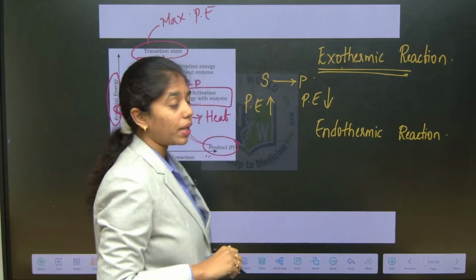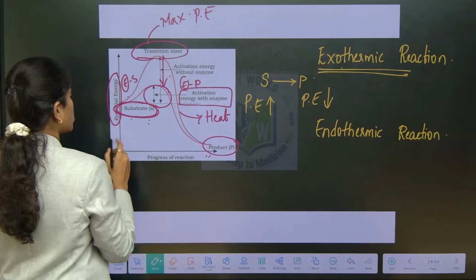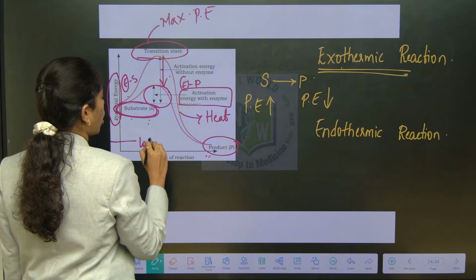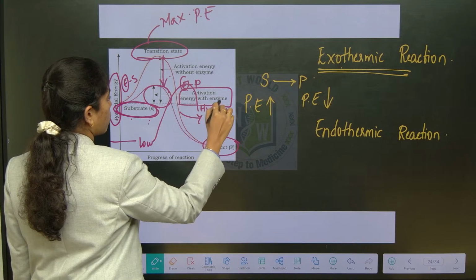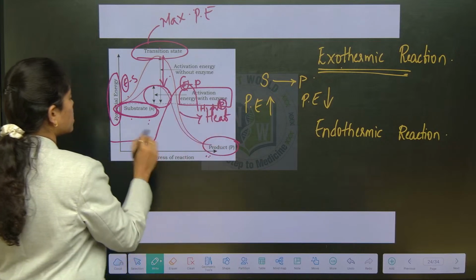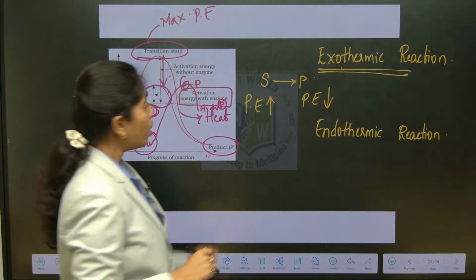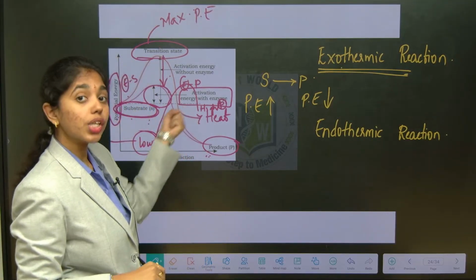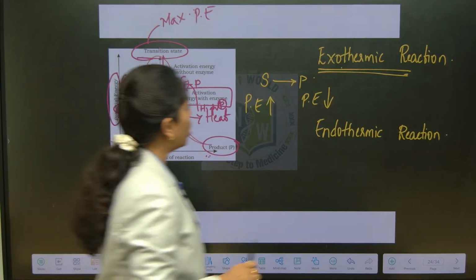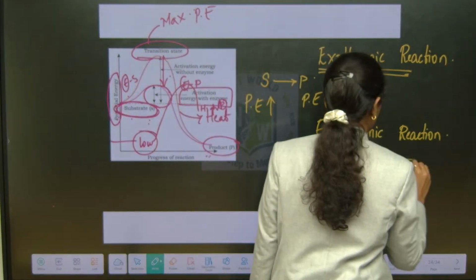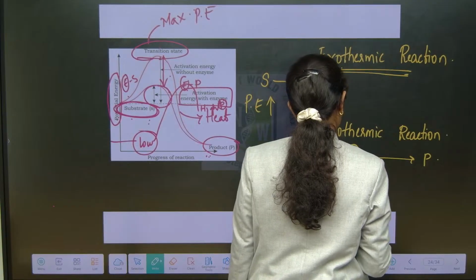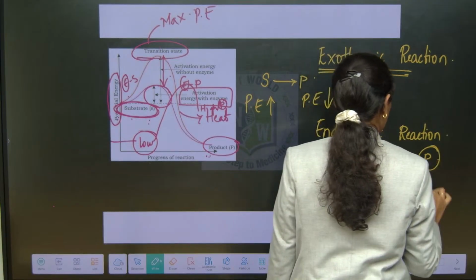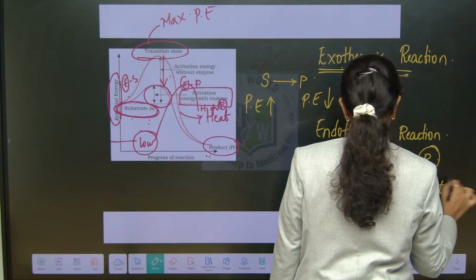In an endothermic reaction, substrate potential energy will be low and product potential energy will be high, where heat or energy is consumed. Energy is consumed here. Clear?